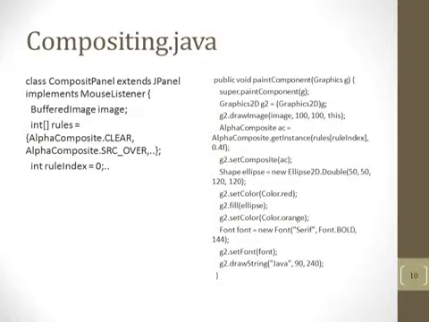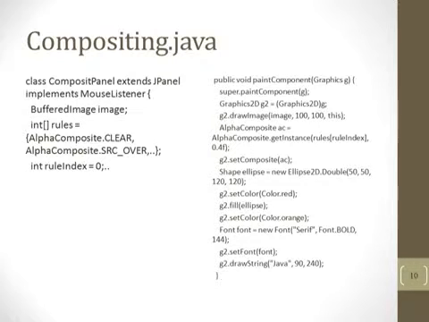In this program that demonstrates the 12 Porter-Duff rules, the class CompositingPanel extends the JPanel class and implements the MouseListener interface. The list of compositing rules is placed in an array using the constants defined in the AlphaComposite class.